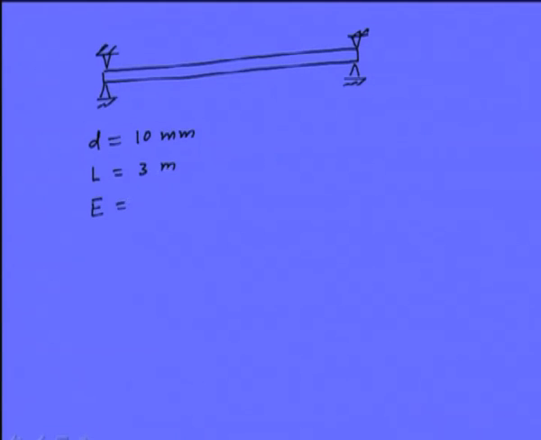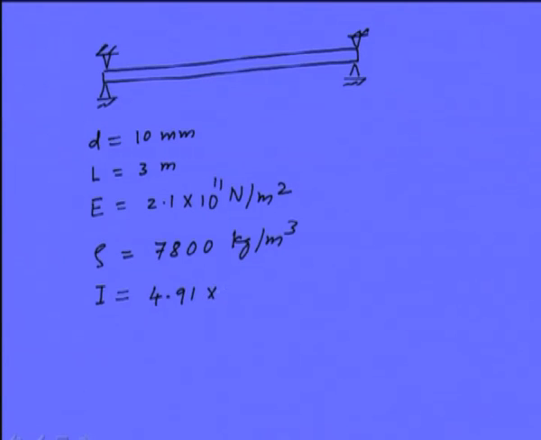Young's modulus of the beam material is this much. Density is that of steel, and with the help of this we can calculate the second moment of area, which comes out to be this much. The area of the cross section of the beam would be this much.